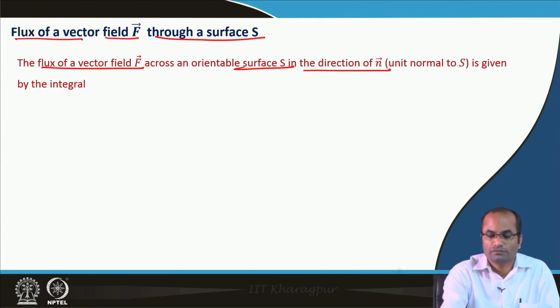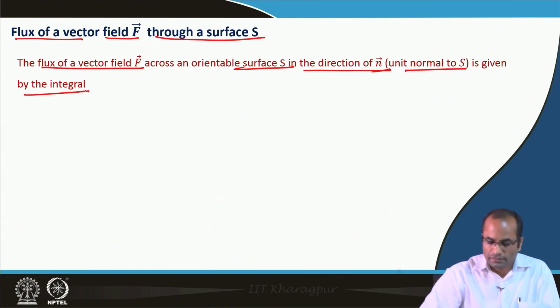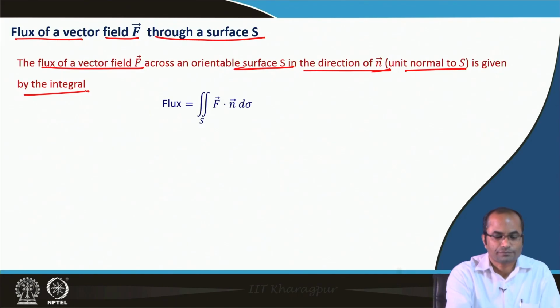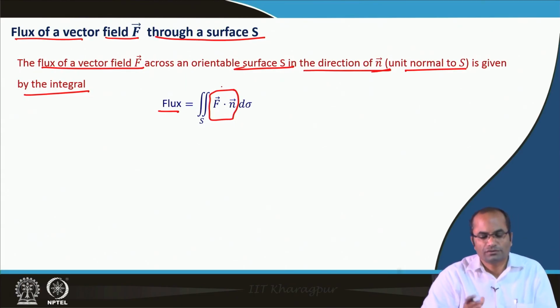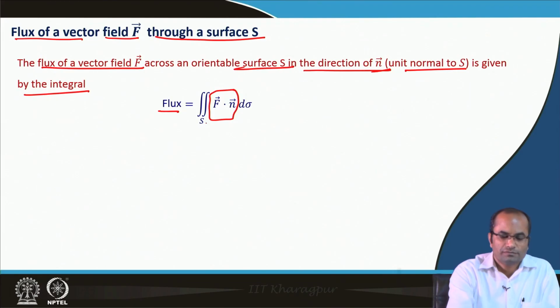So, in the direction of n, the unit normal to S, this is given by this integral here. So, we have this flux integral, the F dot n, the component of F in the direction of the normal is being integrated over the surface S.